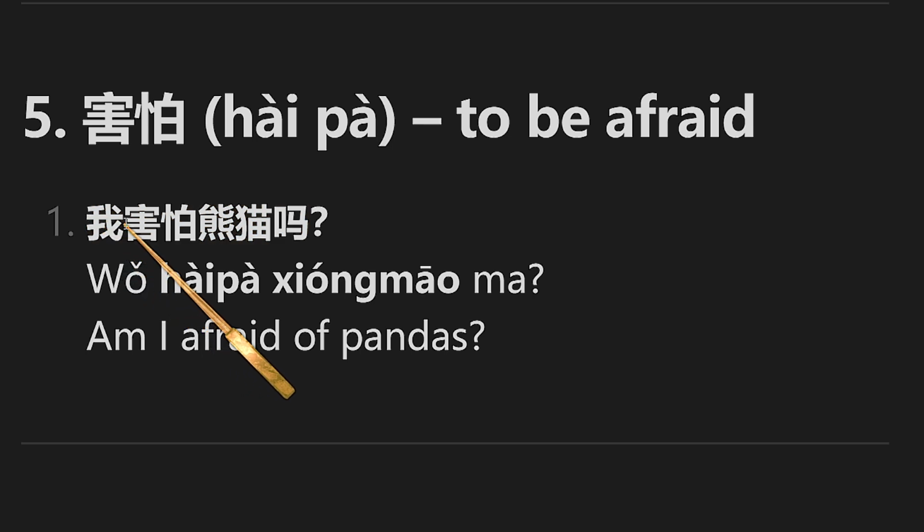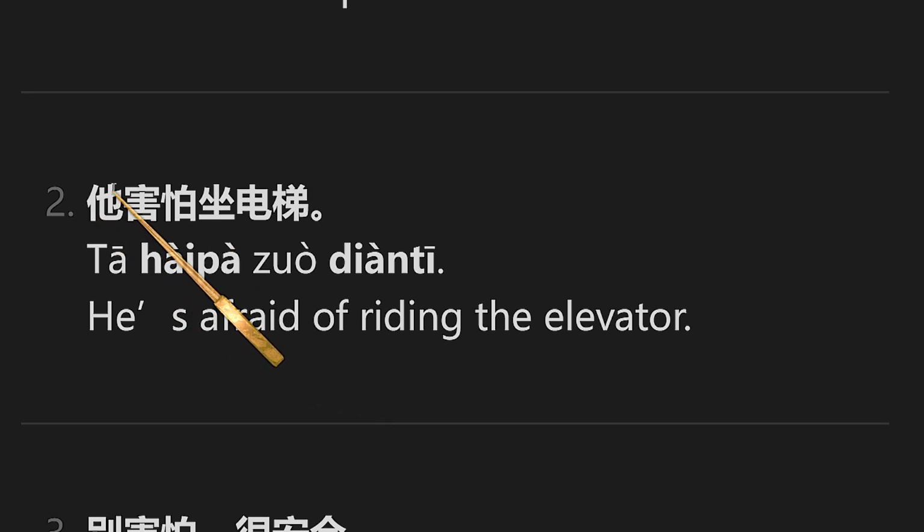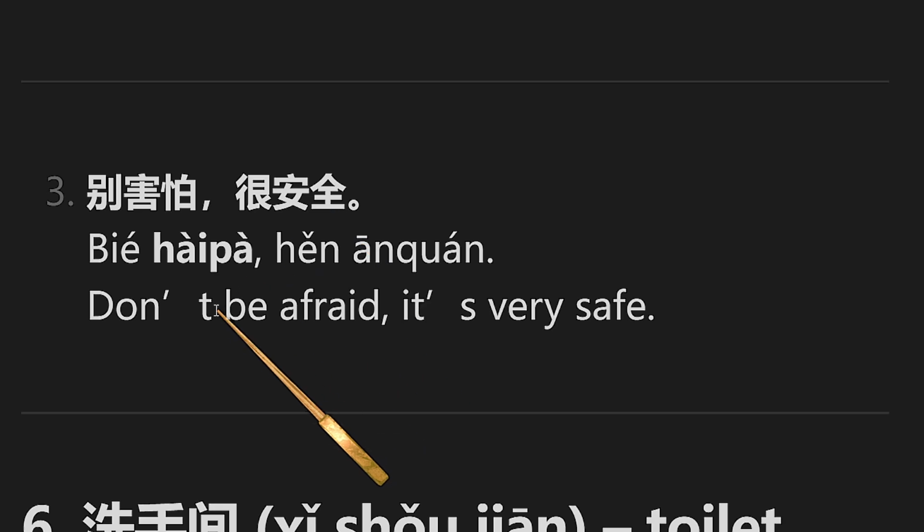Or 你害怕熊猫吗 Are you afraid of pandas? 害怕 He's afraid of riding the elevator. 他害怕坐电梯. 他害怕 he's afraid to take the elevator or riding the elevator. 坐电梯, 坐 to sit, to ride. So 他害怕坐电梯.